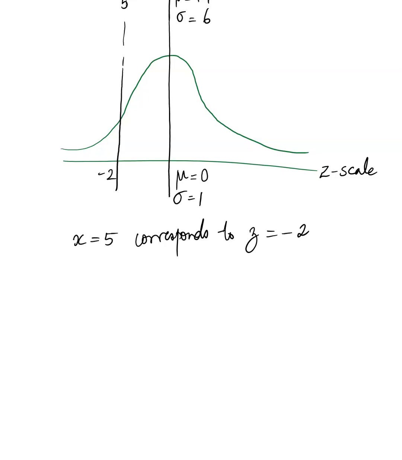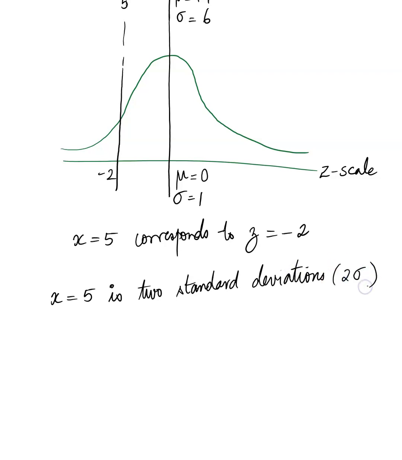Okay. So x equals 5 is 2 standard deviations, that is 2 sigma. And remember, 2 sigma is 2 times sigma, so sigma is 1 here, therefore 2 times 1 is 2 itself. That's why you can exactly say that value itself is that many standard deviations.